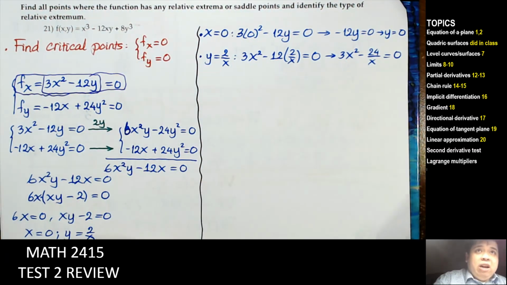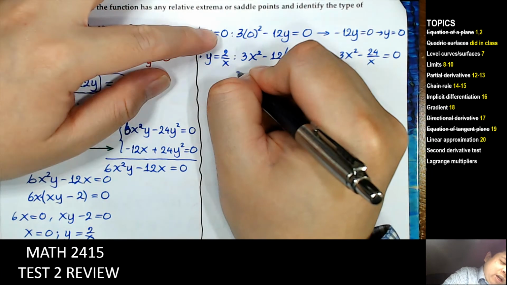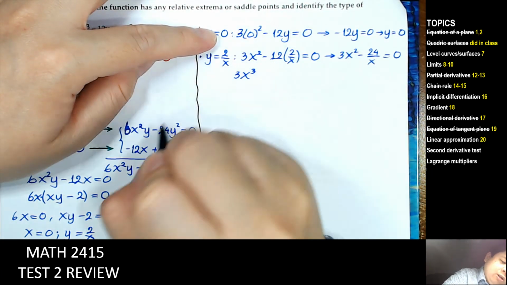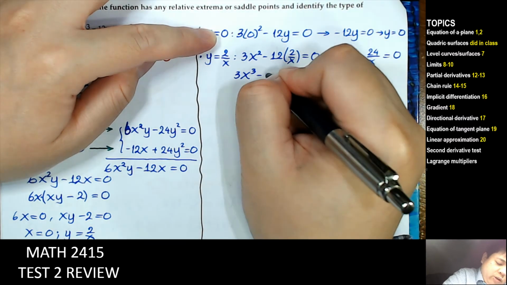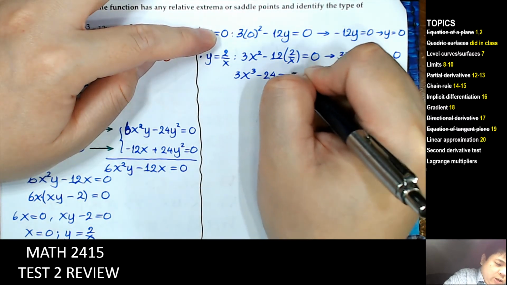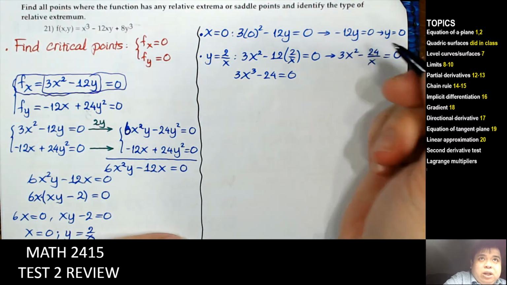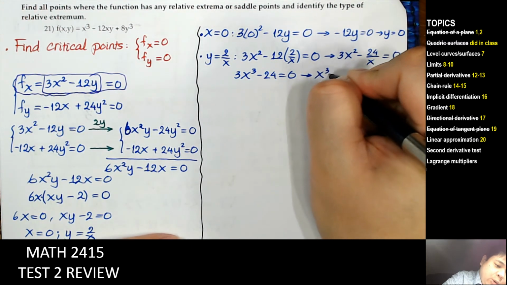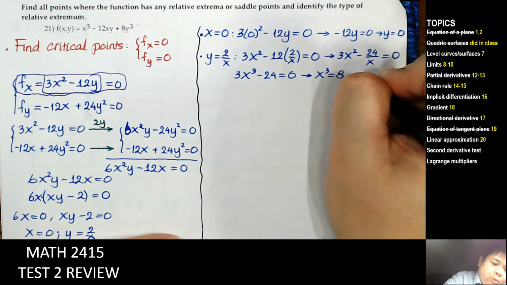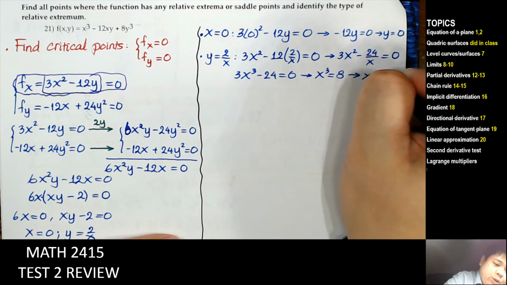I will multiply everything by x. We have 3x cubed minus 24 equal to 0. Divide both sides by 3. X cubed is equal to 8. Take the cube root on both sides. X equal to 2.